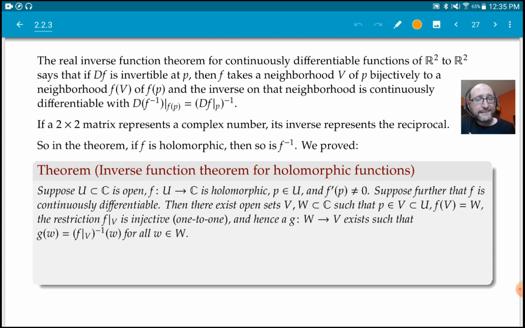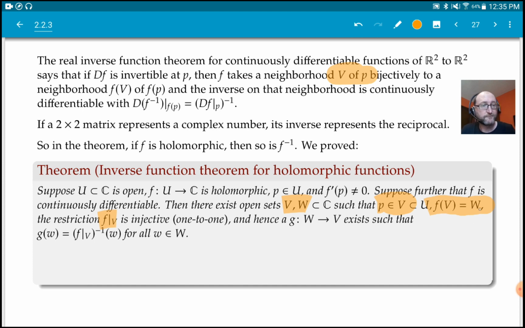Then there exist open sets v and w, right? V is just like the v from here, right? It's a neighborhood of p, and w is the image of v under f. The restriction to v is injective, right?